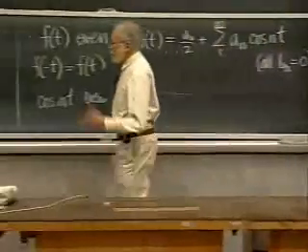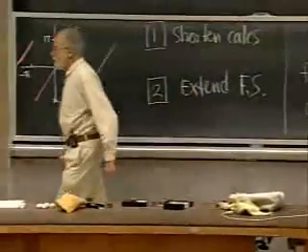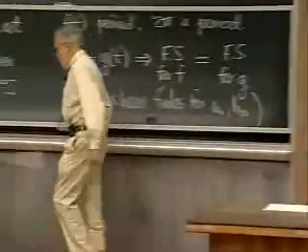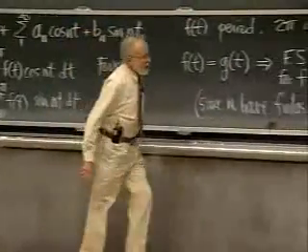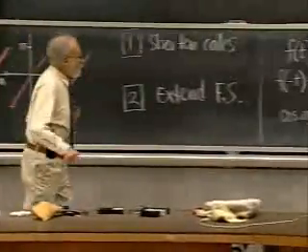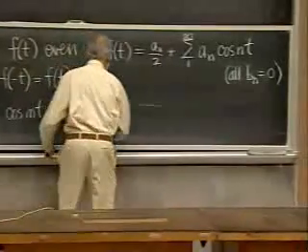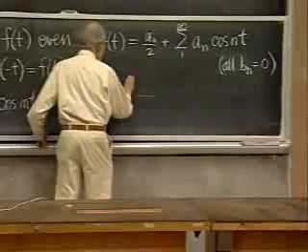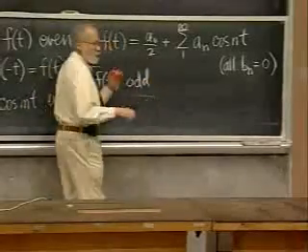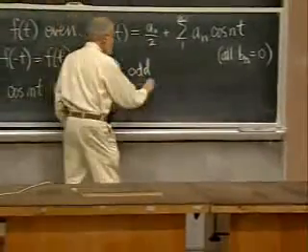Now, there's a further simplification, because if you've got an even function, oh, by the way, of course, the same thing is true for the odd. I ought to put that down. So also, if f of t is odd, then I think one of these proofs is enough. The other you can supply yourself.